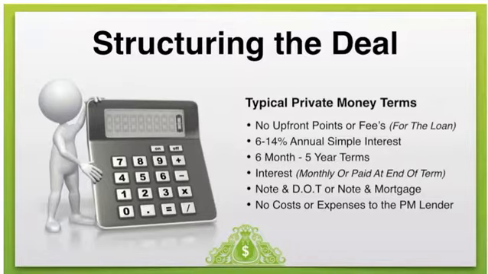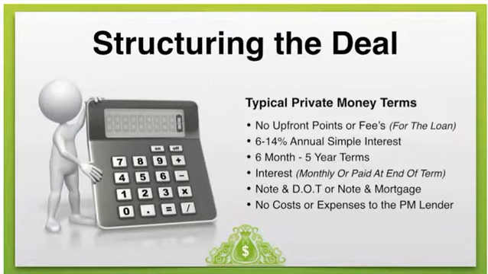Here are some typical private money terms. 1, no upfront fees or points. 2, between 6 to 14% annual simple interest rates depending on the riskiness of the deal. Obviously, the lower the better. 3, the term length being somewhere between 6 months to 5 years. 4, interest payments paid monthly or accrued and paid at the end of the term.